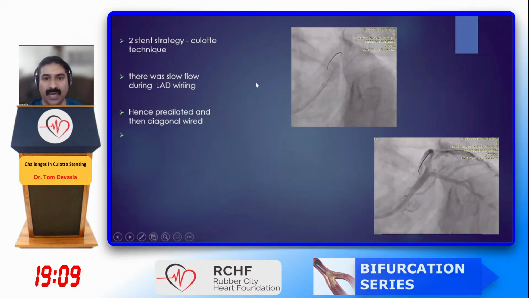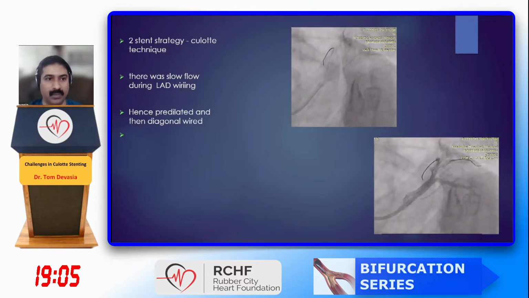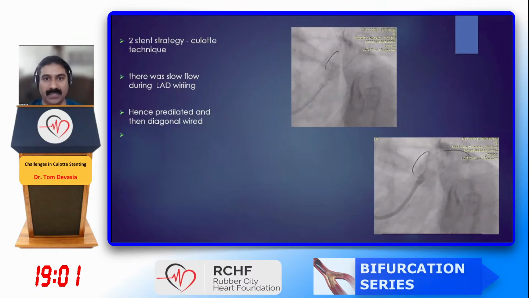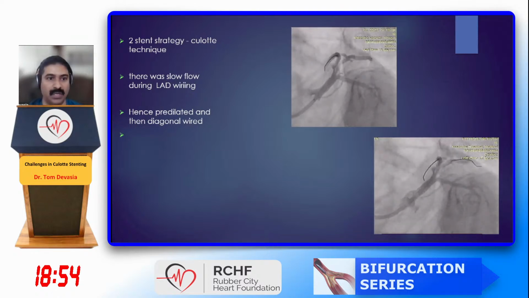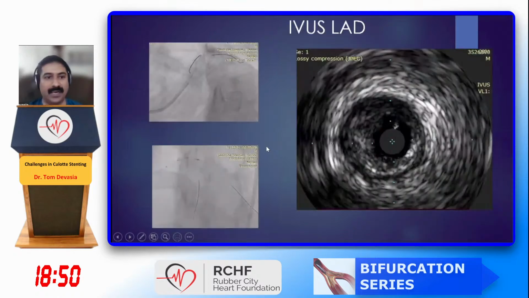And we had to slightly modify our technique because as soon as the LAD was wired, there was slow flow in the LAD with the patient developing angina, which was to some extent unexpected because it was just TMT positive and troponin was not elevated. So we pre-dilated the LAD and then we proceeded with the diagonal wiring.